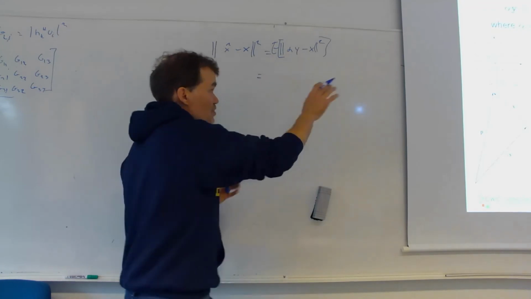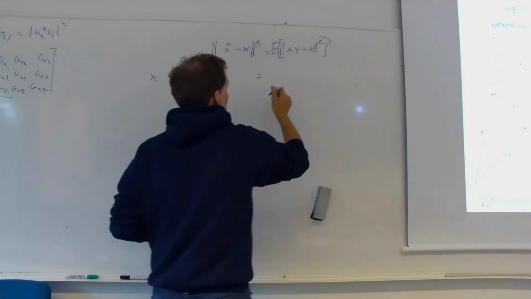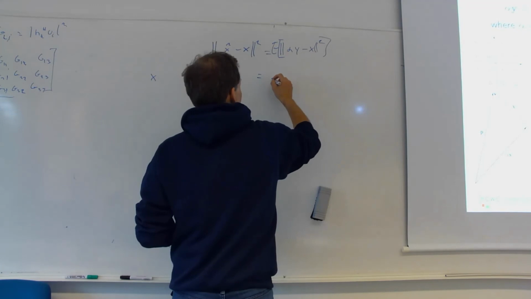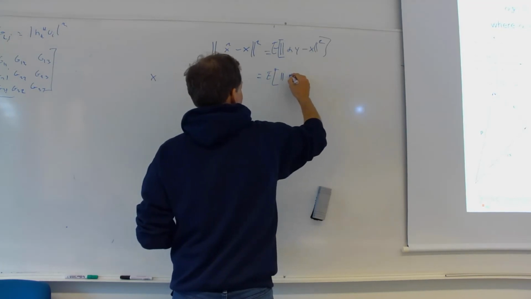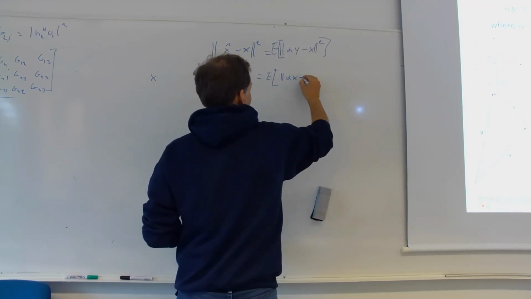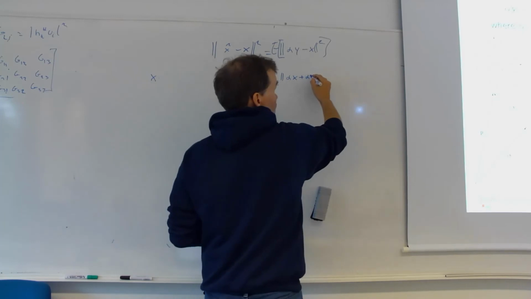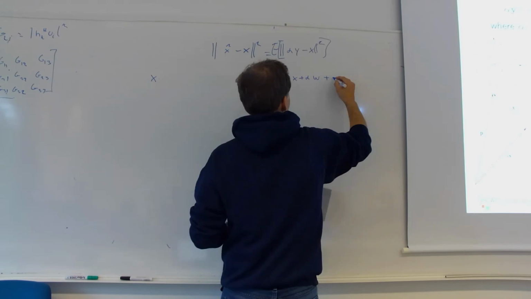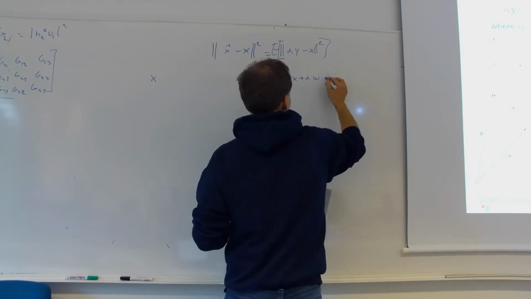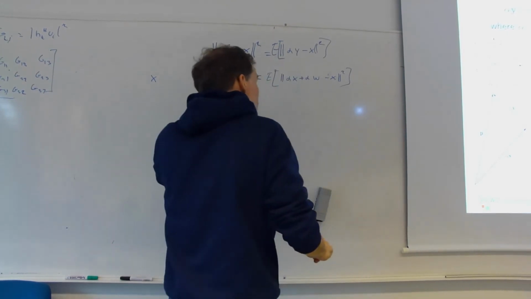Now let's assume that there's no interference for simplicity. So we can plug in the expression: the expectation of the squared norm of alpha times x plus alpha times w minus x.